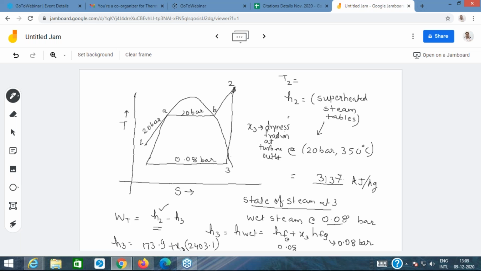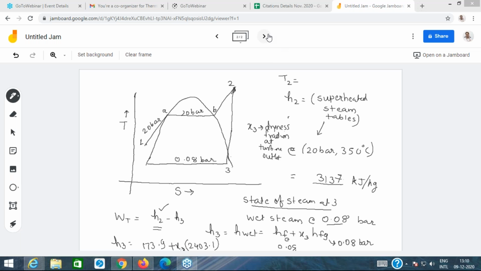Do you agree with me that in order to find H3, I need to find the dryness fraction at 3? Whether this is clear? Kamlesh, Anamta are saying yes. So how do I find the dryness fraction at 3?